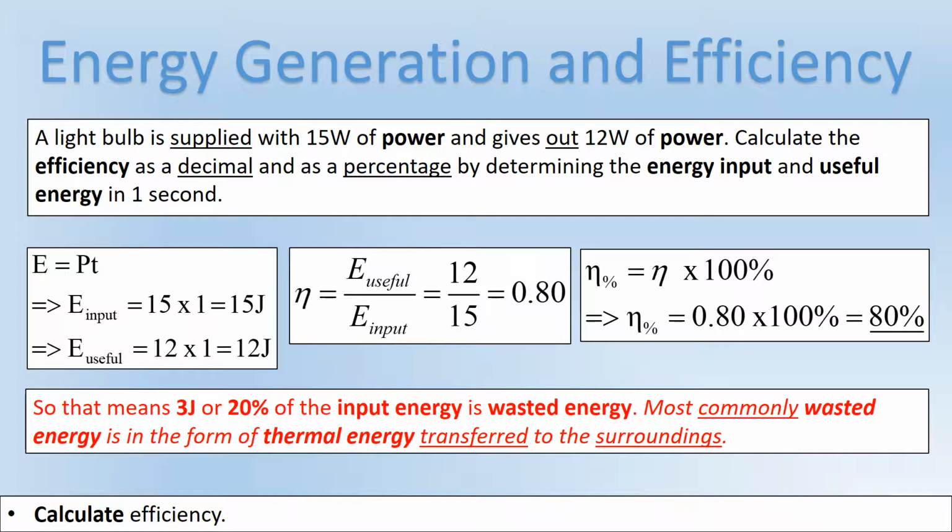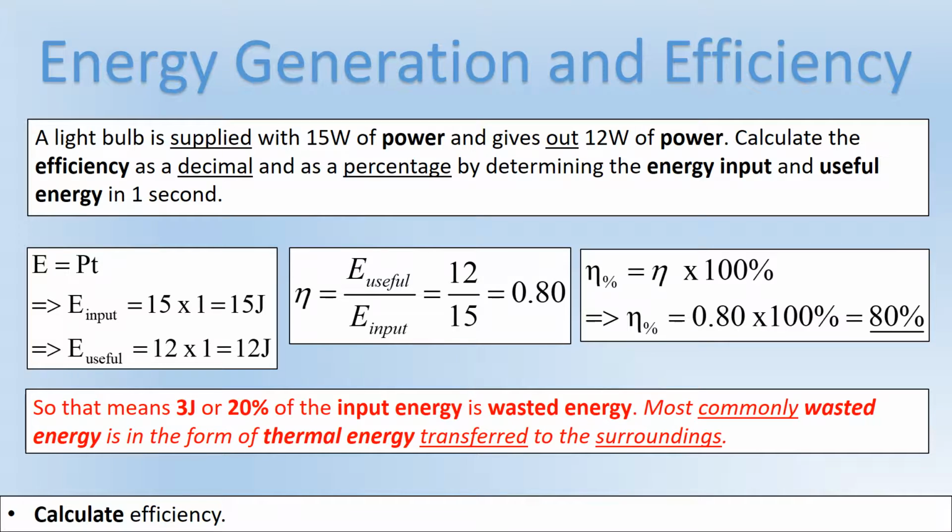So we put 15 watts in. If we do that for 1 second, that's going to dissipate 15 joules of energy. So we've put 15 joules in. We get 12 watts of useful power out. So if we times that by 1, that means we've transferred 12 joules of it to the form that we want, which in a light bulb would be light energy.